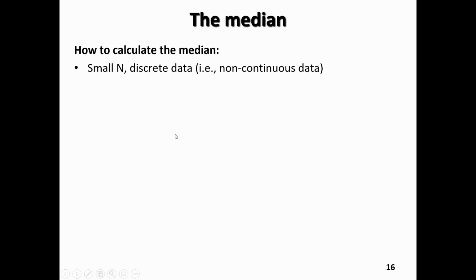And when we have a small sample size or a small n that involves discrete data, and these are non-continuous data, particularly, there are two ways to calculate the median.